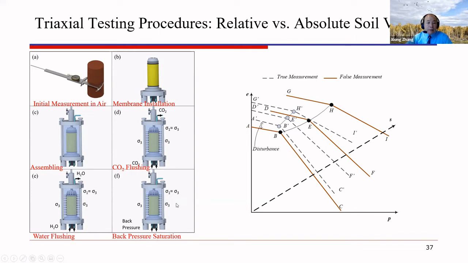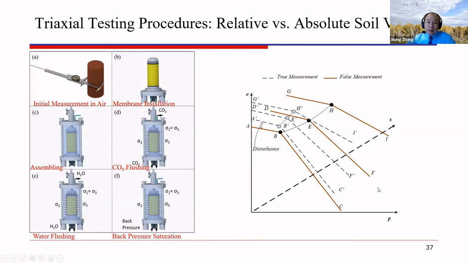Then we can run some tests, and we assume the volume at this point is the same as at the start, right? This is what we normally do, but during this whole process, the volume of the soil might have changed, right? As a result, your test results might not be accurate.